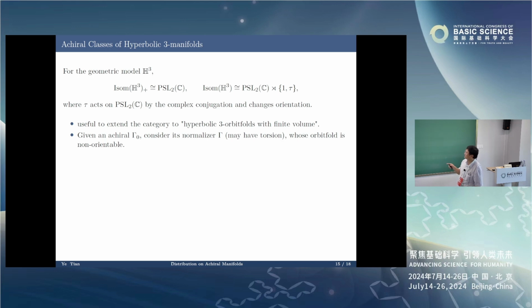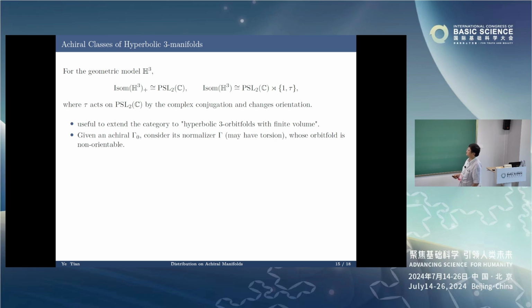Now, when I say achiral gamma 0, it means the corresponding quotient H3 by gamma 0 is achiral. So given an achiral discrete subgroup gamma 0 of the isometries of H3, consider its normalizer. Because gamma 0 is achiral, the normalizer must contain elements projecting to the complex conjugation.